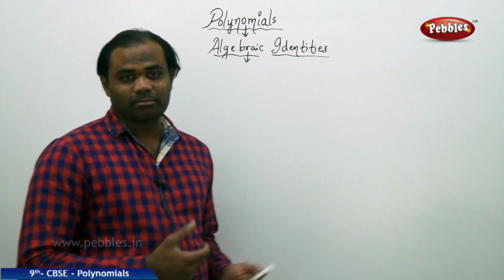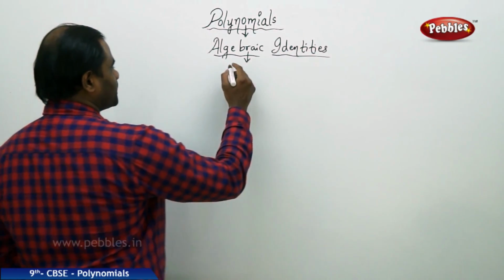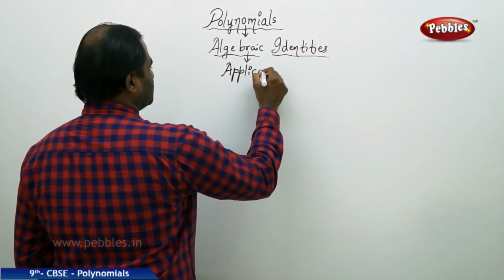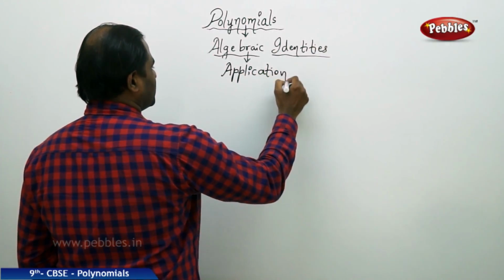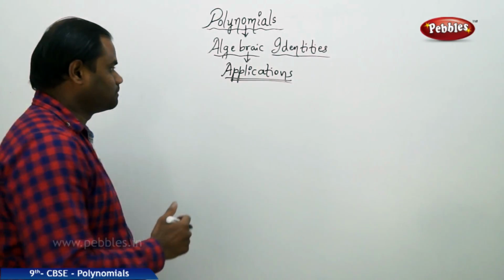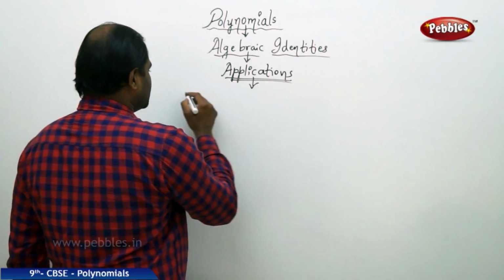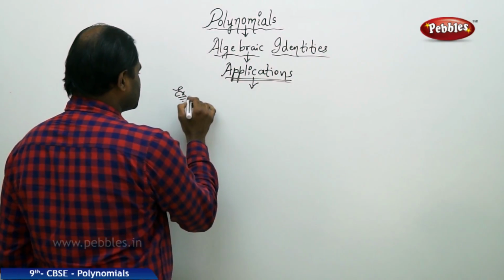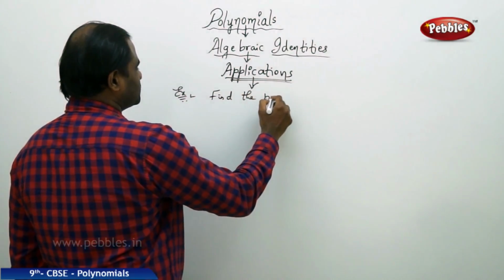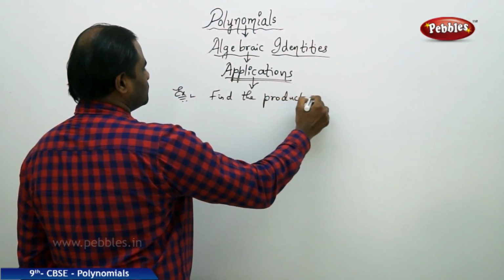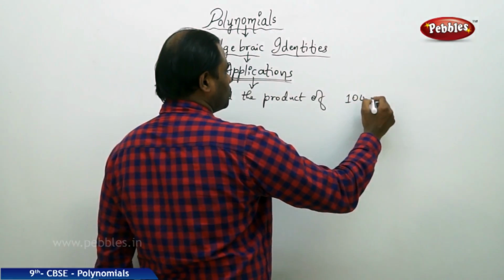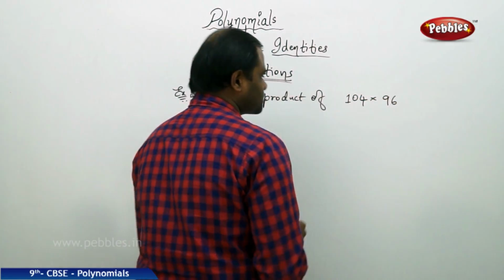So let's see one of the applications. The applications of algebraic identities is the topic for today's session. For example, I have a question which says, find the product of 104 times 96.